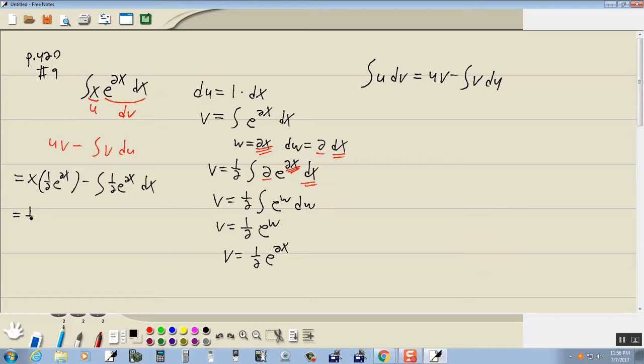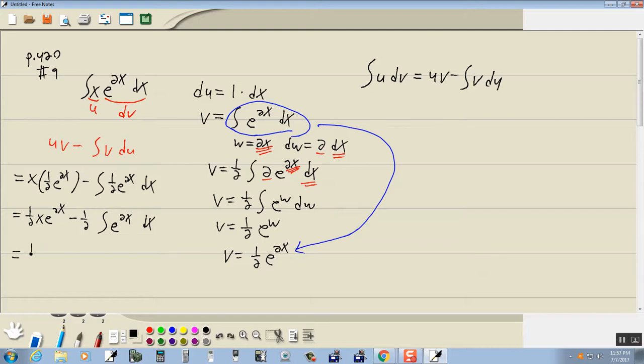So that's going to give us 1/2 x e to the 2x. I can take the 1/2 and put it out in front of the integral of e to the 2x dx. Now we just found the integral of e to the 2x dx right here, which is equal to this right here.